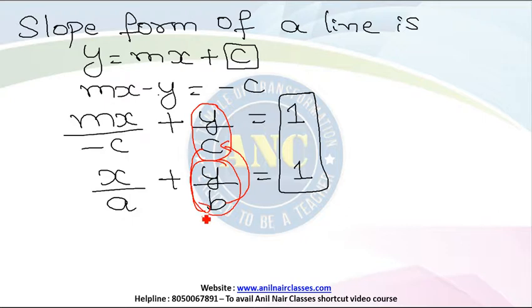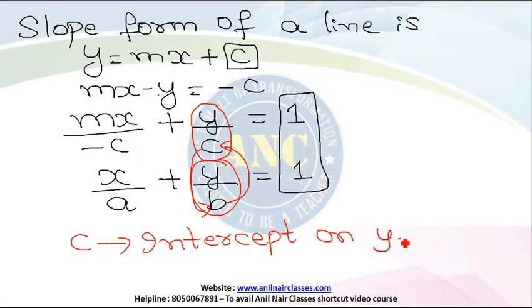That means you told that c is nothing but y-intercept, or in other language it is nothing but intercept on y-axis. In this intercept form you are saying that b is nothing but y-intercept. In place of c you have b here. It really does not make any difference whichever letter you use. So both are absolutely the same thing.